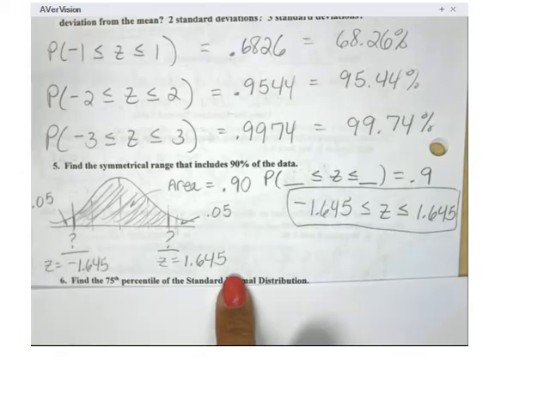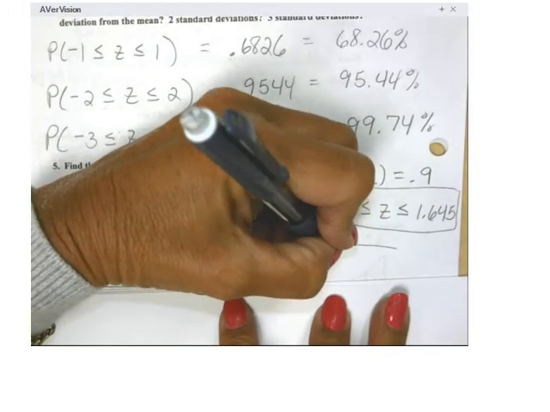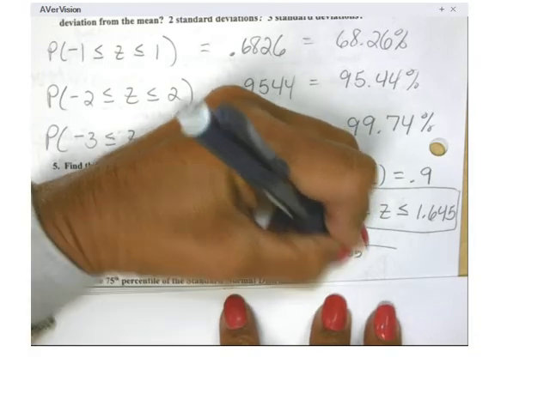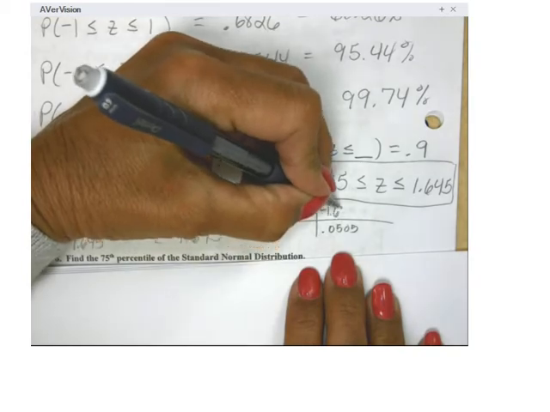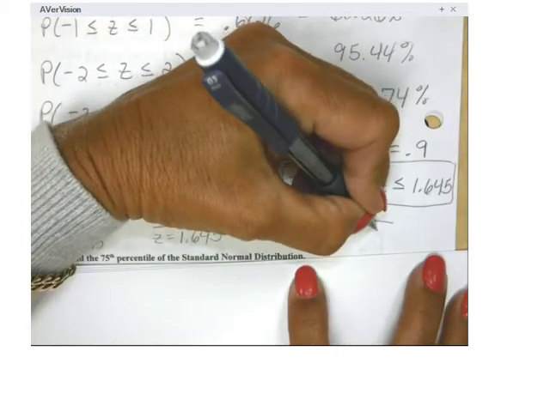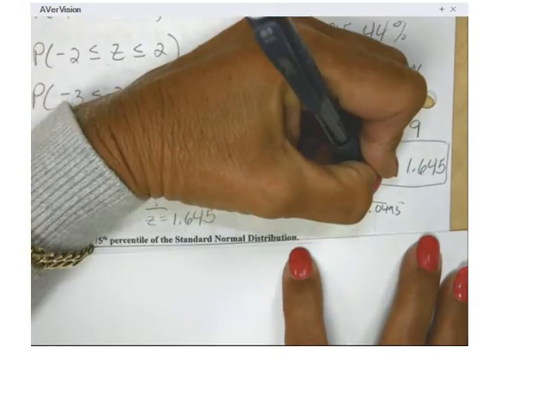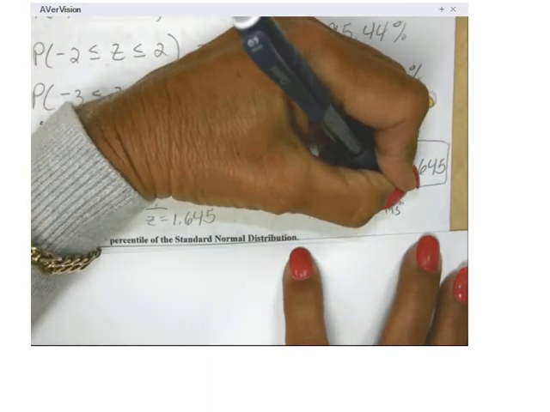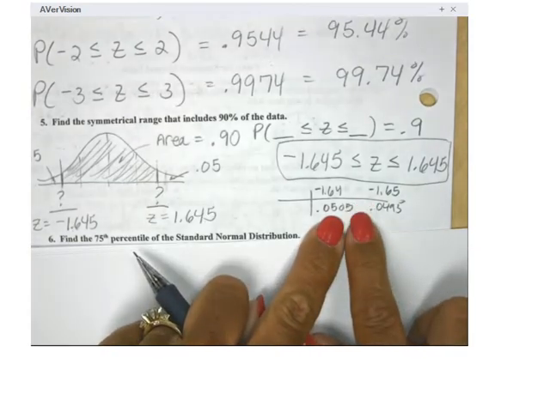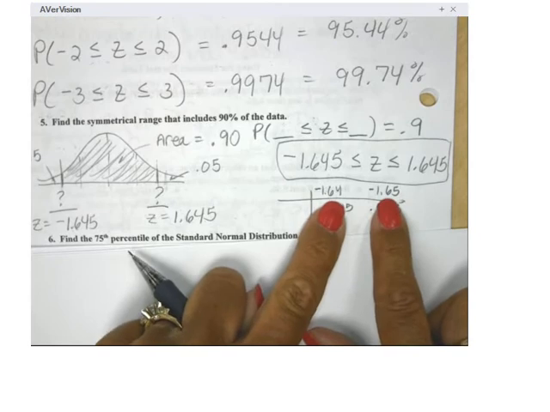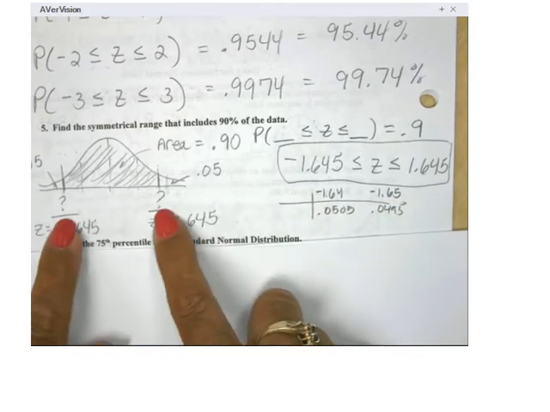So, let me zoom out here a second. What we do is we actually split the difference on this one, because remember in our chart, we had a 0.0505 and that corresponded with a z-value of negative 1.64, and we had a 0.0495 and that corresponded with a negative 1.65, that is split halfway between.